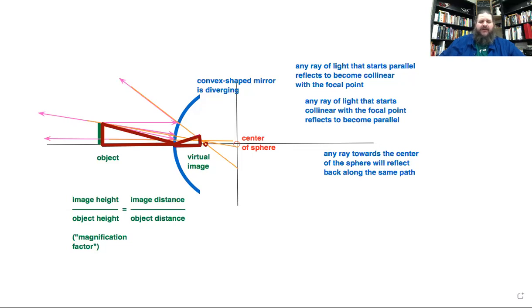So if the magnification factor is more than 1, that means the image is bigger than the object. If smaller than 1, that means the image is smaller than the object. And that will always match the ratio of the image distance versus the object distance as measured from the surface of the mirror, because of these similar triangles here. Any other questions on that ray tracing or the terminology of objects and images so far?